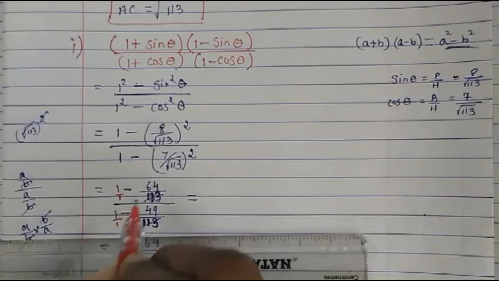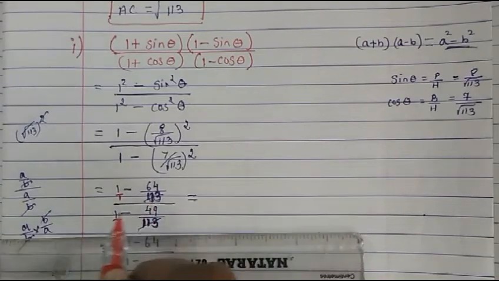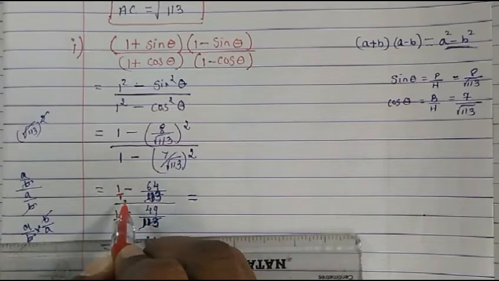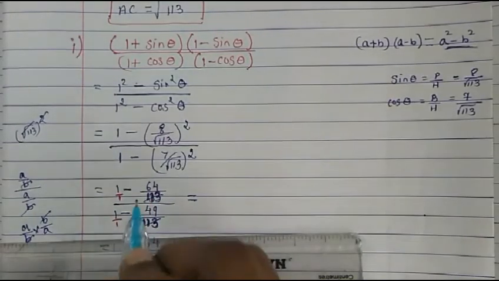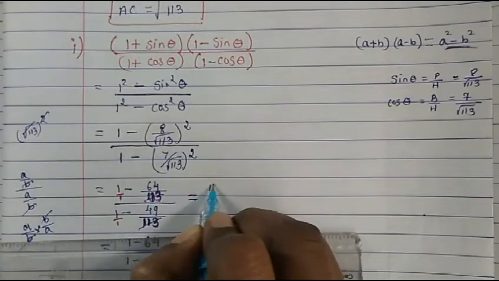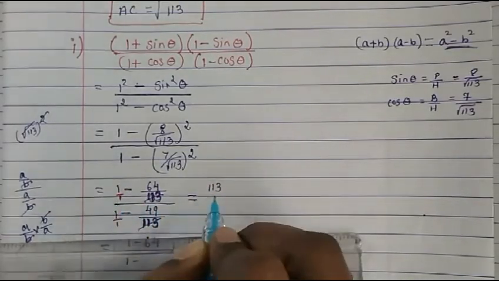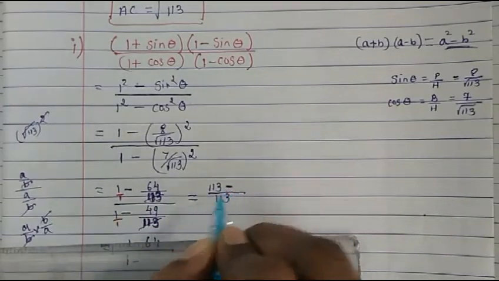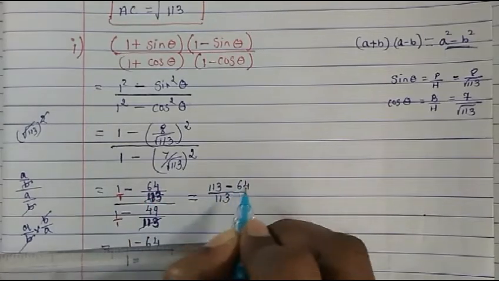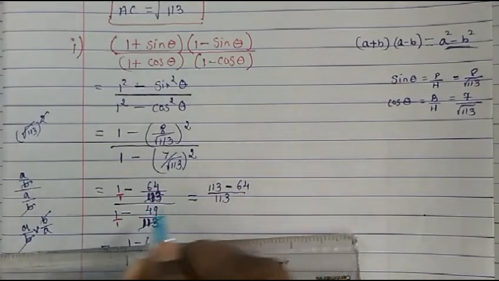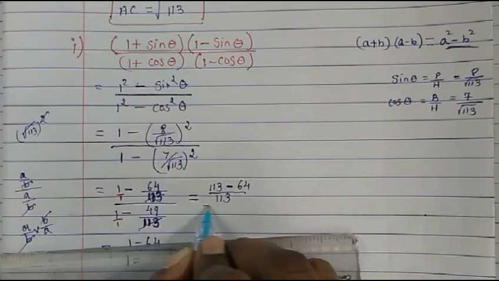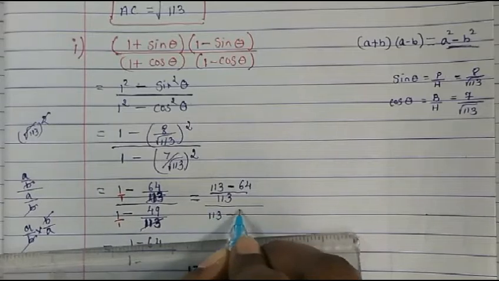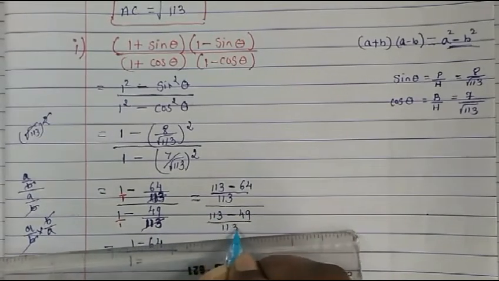In the denominator you have 113, but here we have only 1. So with this number we will multiply both sides. With 113 you multiply here, then you will get 113. Minus is there. This number we write as it is, and down 113 will come. So then both sides will have the same number. Same way here also it will become 113 minus 49 upon 113.